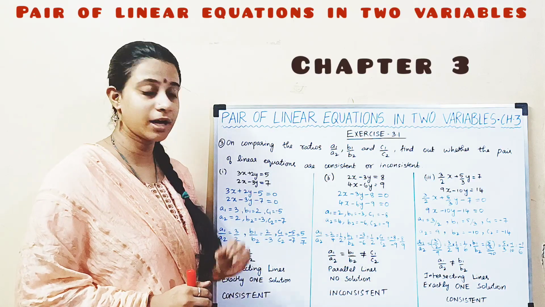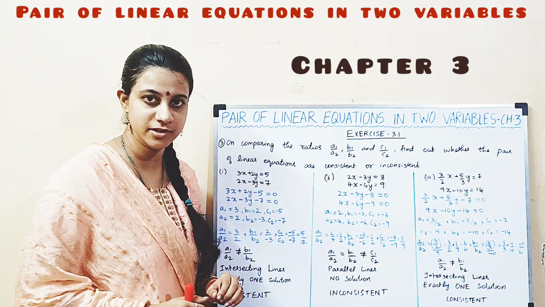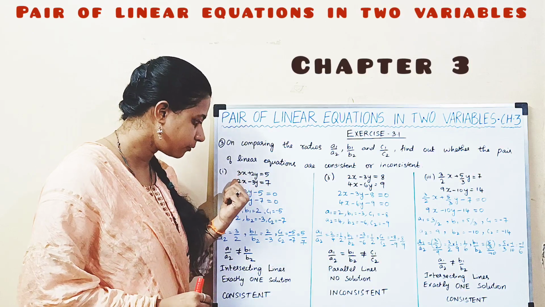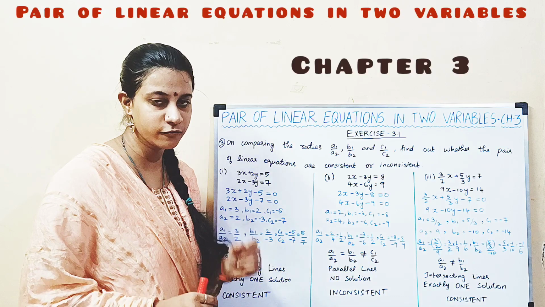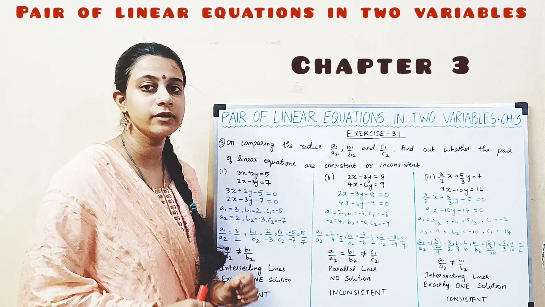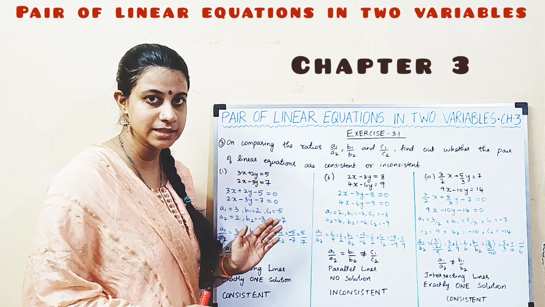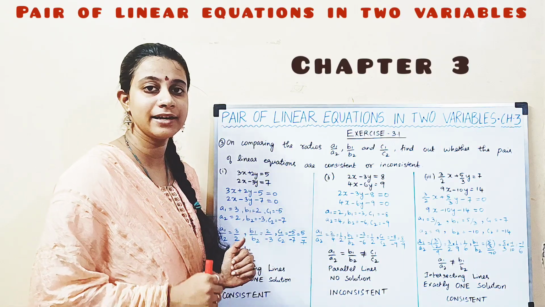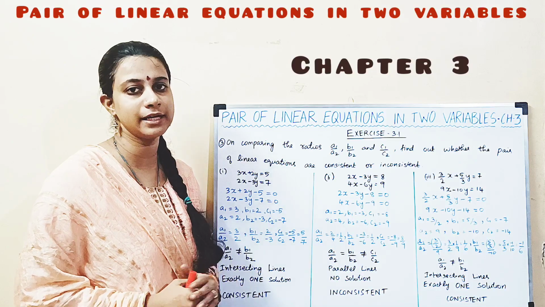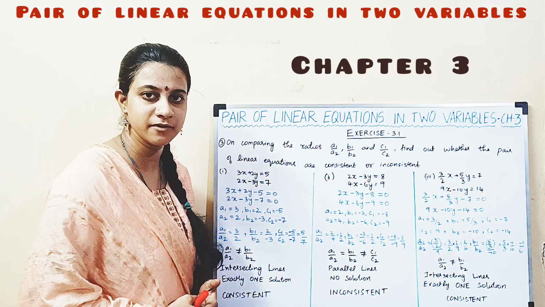Okay, now coming to what is consistent and inconsistent. Whenever the pair of linear equations have a solution, whether one solution or infinitely many solutions, then it is called consistent, and in the case when they are parallel lines and it has no solution, it is called inconsistent. Okay, now let's see the subdivisions one by one.